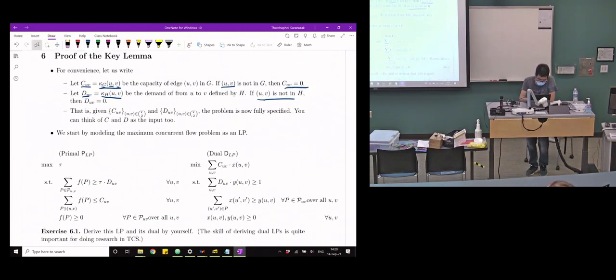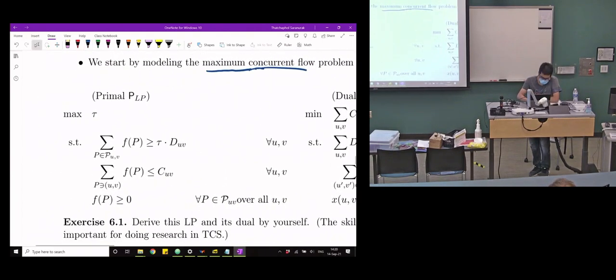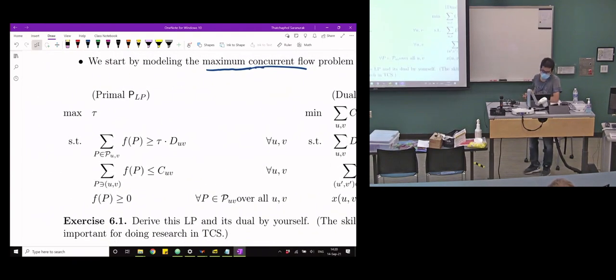And now, let's see. Let's try to see that we can actually model this maximum flow problem, maximum concurrent flow problem, as an LP. You can just write it as an LP because why? Look. What we want is, we have a bunch of paths, right?